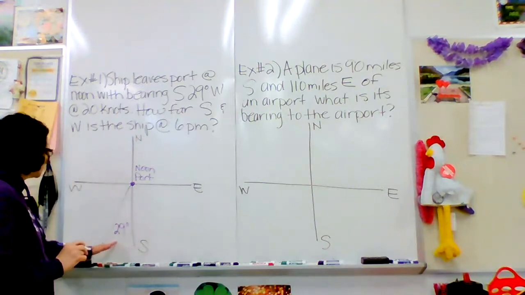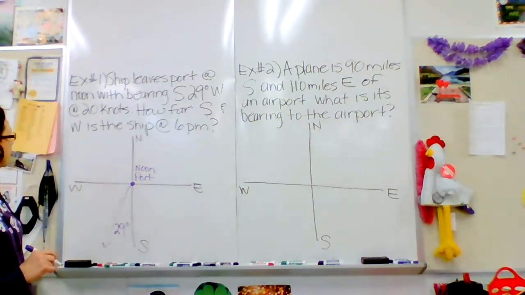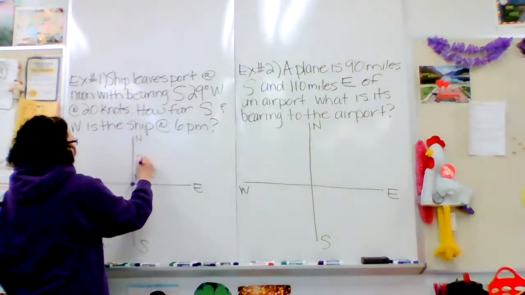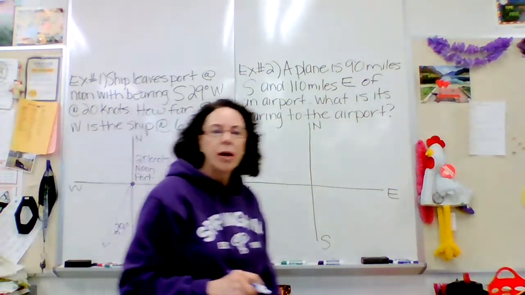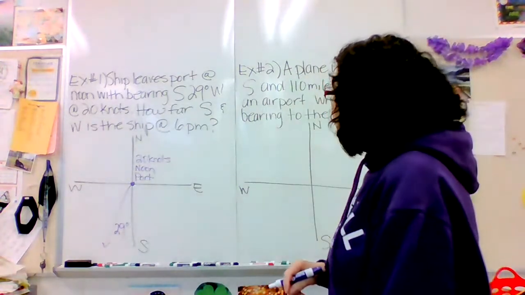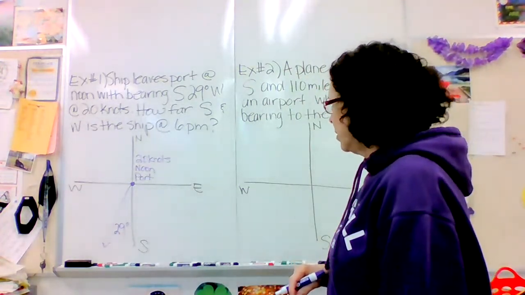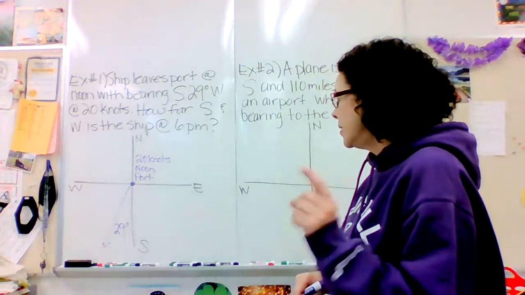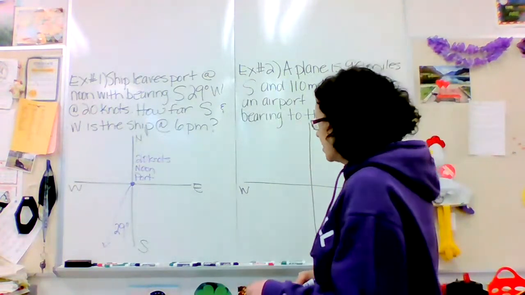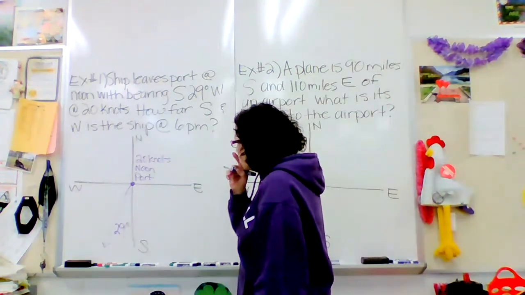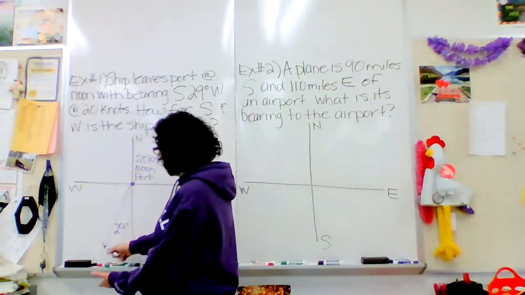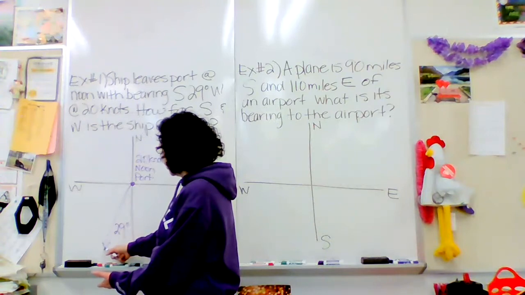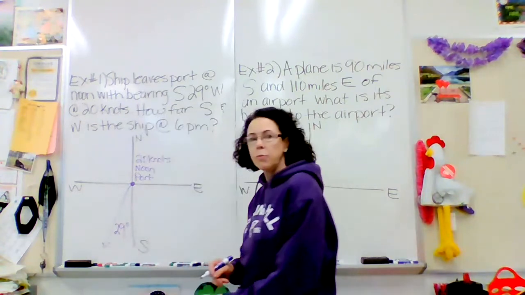So here's south 29 west, at 20 knots. 20 knots is 20 nautical miles per hour. And they want to know how far south and west is the ship at 6 p.m. So notice that this ship was here, and at this time, 6 hours later, it is more south and more west.